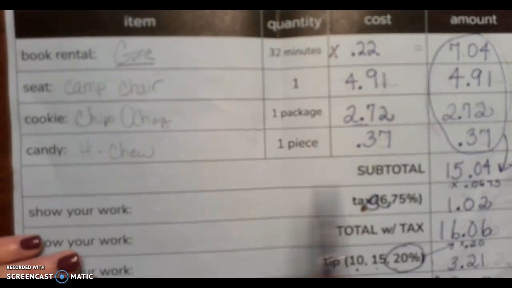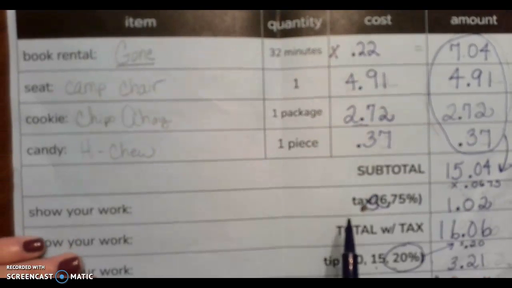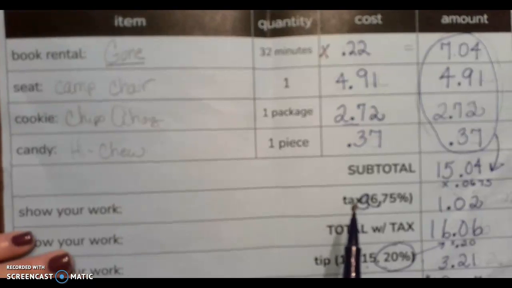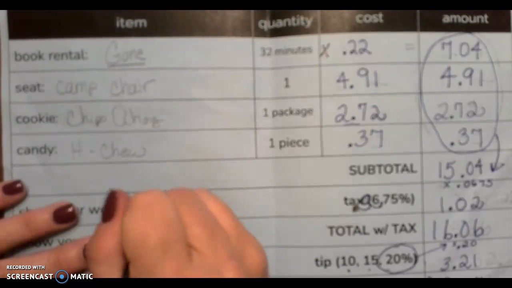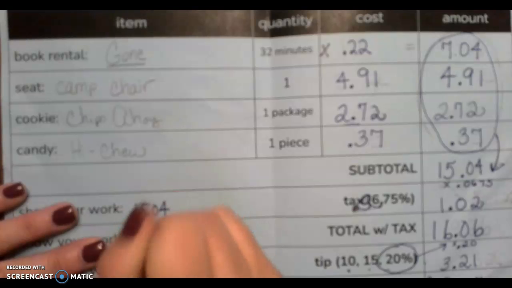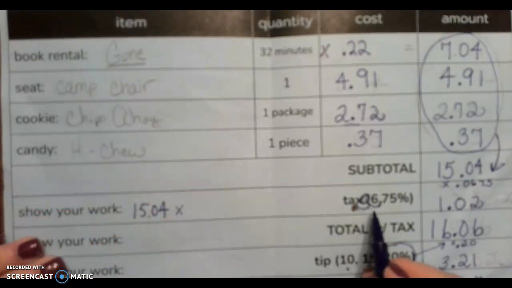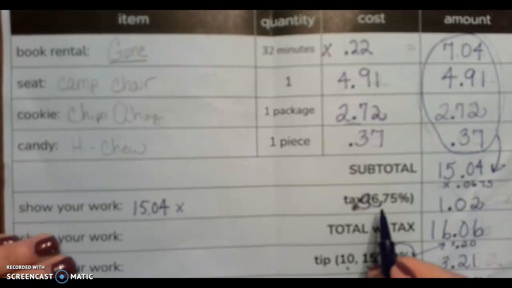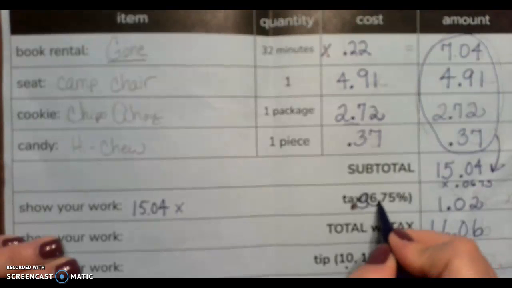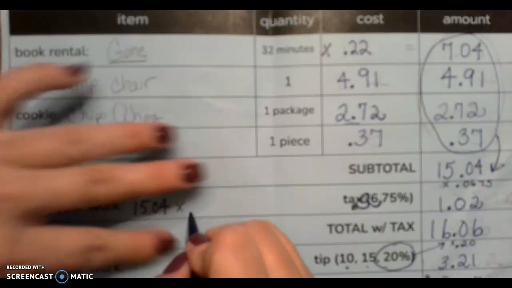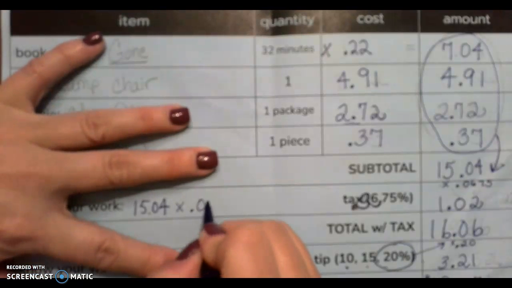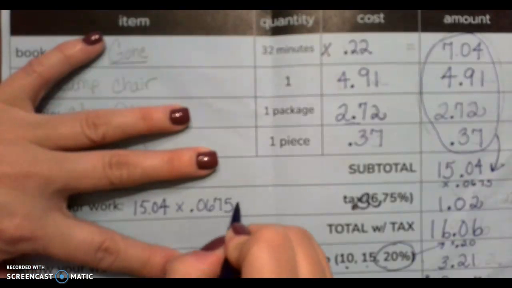Now over here, I have a place for you to show your work as you figure out your tax. So when you figure out your tax, you take your subtotal and you're timesing it by the tax. So the tax in Geauga County is 6.75%. We know there's no such thing as percent in math. We've got to change this to a decimal. So you move the decimal over, and I'm going to times that by 0.0675.